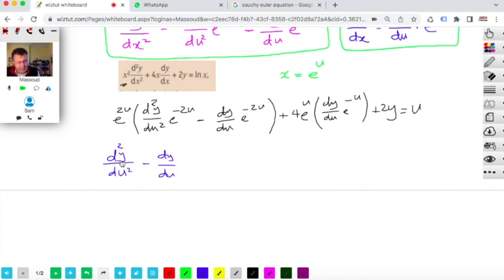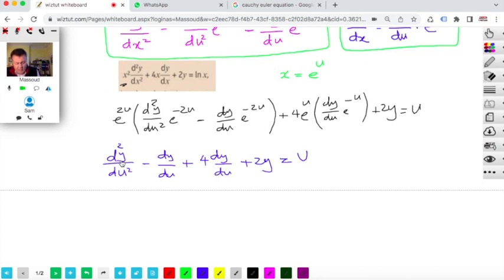So that's simplified. Now we're going to take that in there, so you would get plus 4 dy du, and then plus 2y is equal to u.